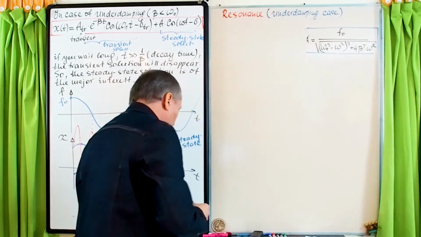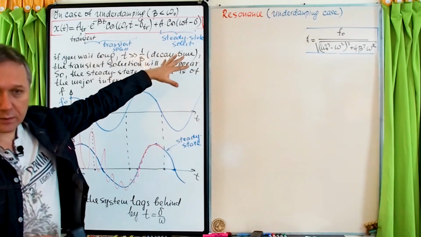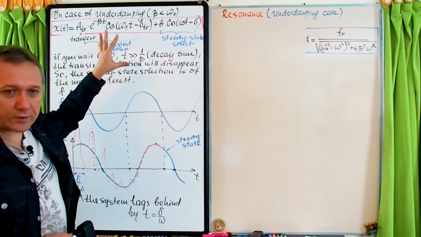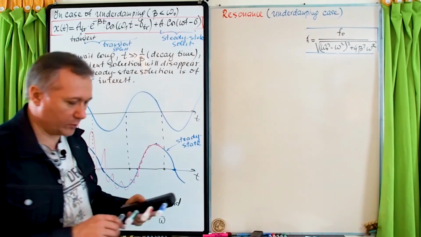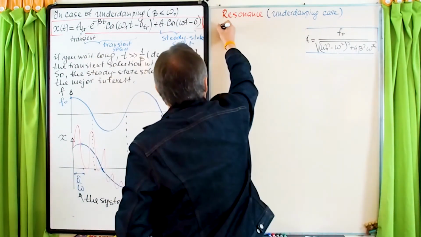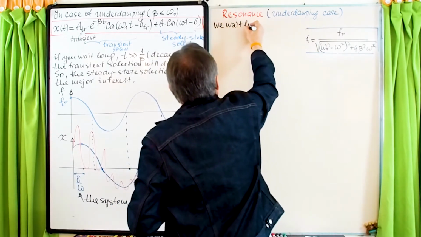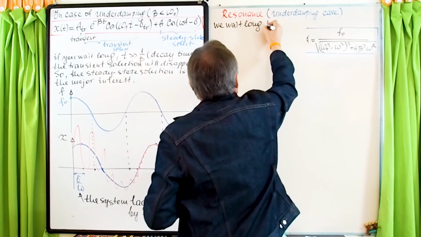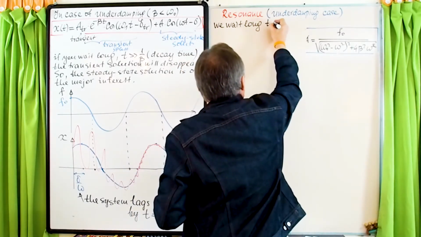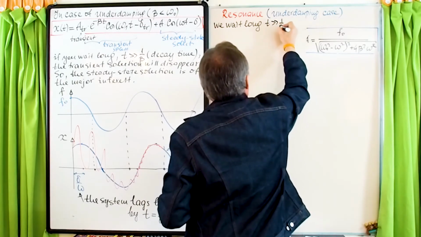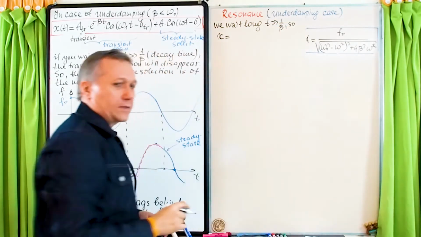All right, again, so I will just rewrite. We wait long enough so that the transient solution disappears, which no one cares about most of the time. So we wait long, t is much larger than 1 over beta. As a result, the solution is just a steady state solution.